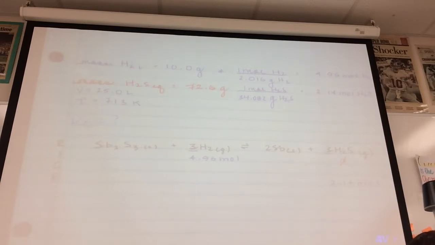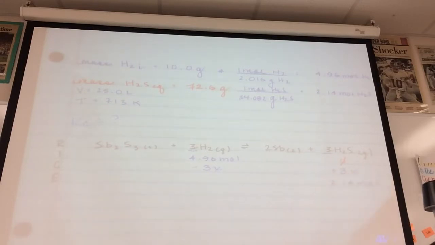Hang on one sec. Questions here. Here's your setup. One last piece. If you're going forward, what will you subtract from here? Not x, but 3x. And what will you add here?